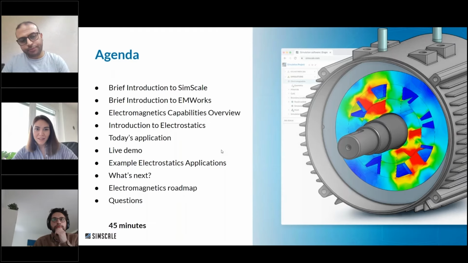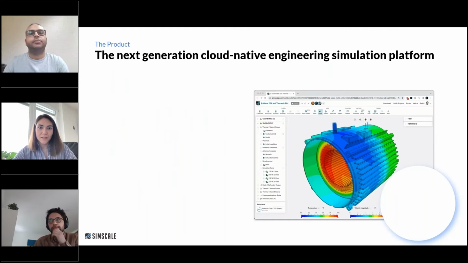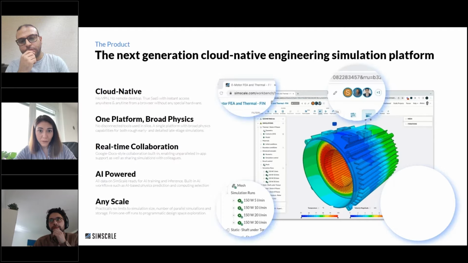All right, now let's kick things off with a closer look at SimScale's capabilities. So here at SimScale, our mission is actually very clear. It's all about helping engineers innovate faster by making simulation truly accessible. So how do we do that? First of all, it's provided by being a 100% cloud-native simulation platform, which means that you can access that through your web browser.